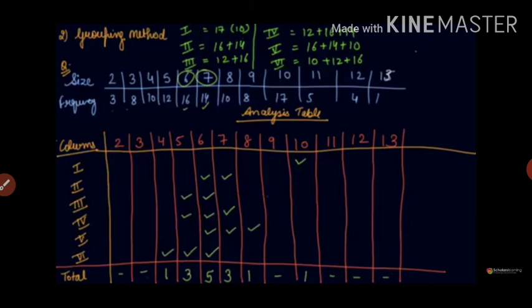So the highest frequency in the analysis table is for 6, which is 5. So the mode is 6. So the size is 6. So this is how you calculate the mode value under the grouping method.